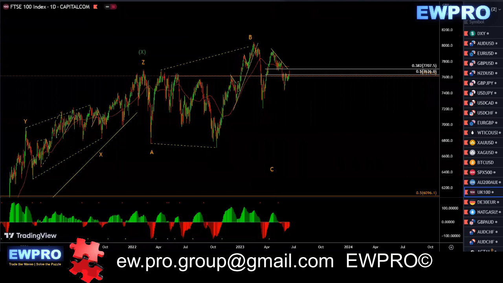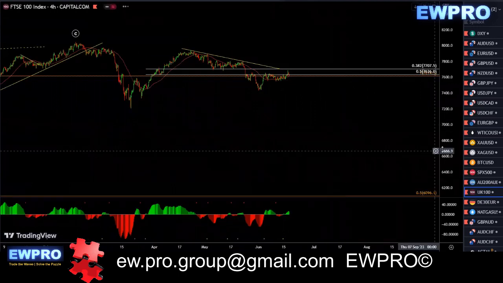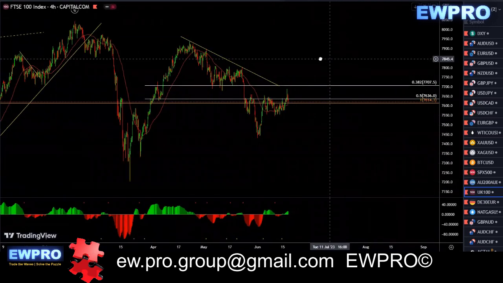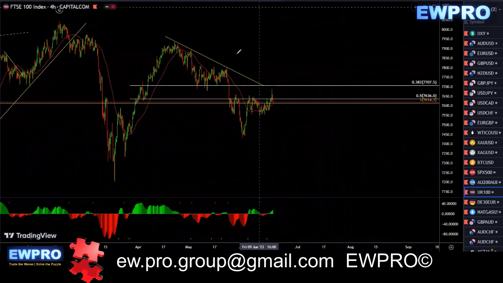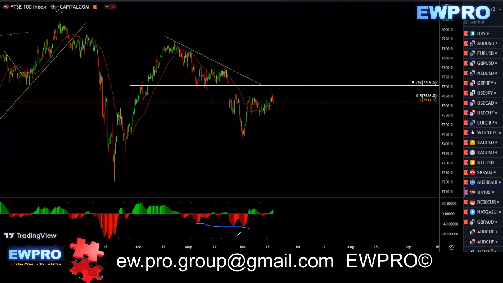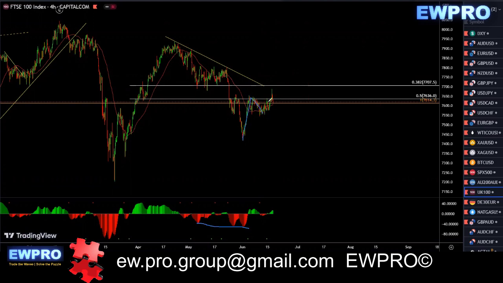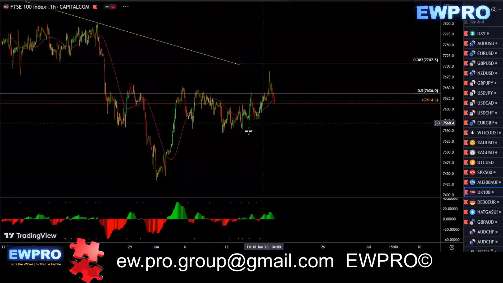The H4, yeah. See, last week we lost that divergence, so we're getting 1, 2, 3 up here. It's more of a sell to go and break this low in the correction, and then we get an A, B, C. So you could look for a sell on this.